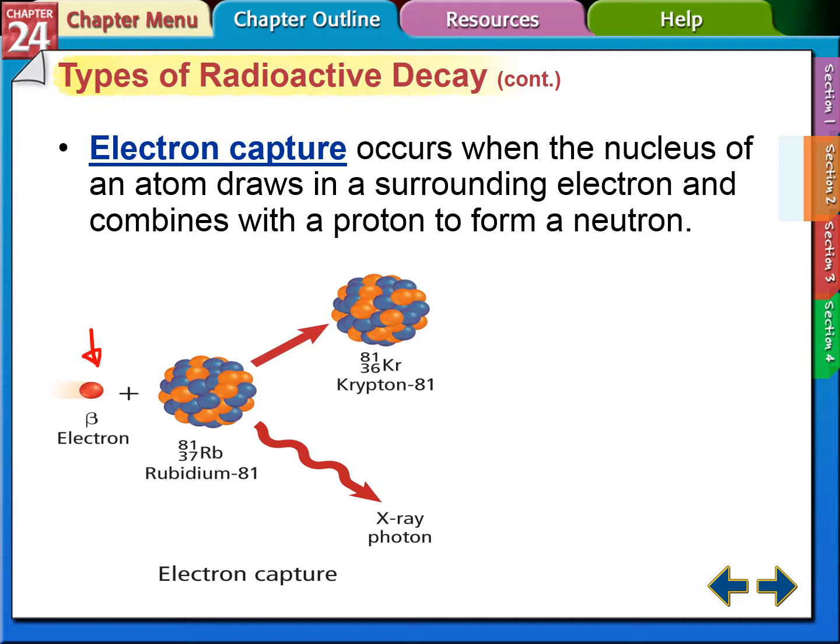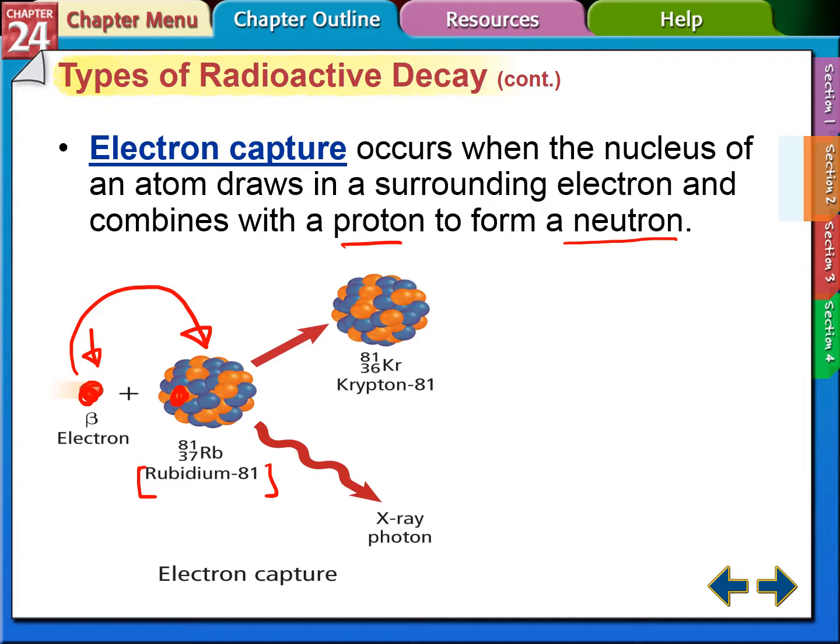This is our electron here, and this electron gets drawn by this rubidium-81 atom. Now this electron combines with the proton of the rubidium atom to form a neutron.